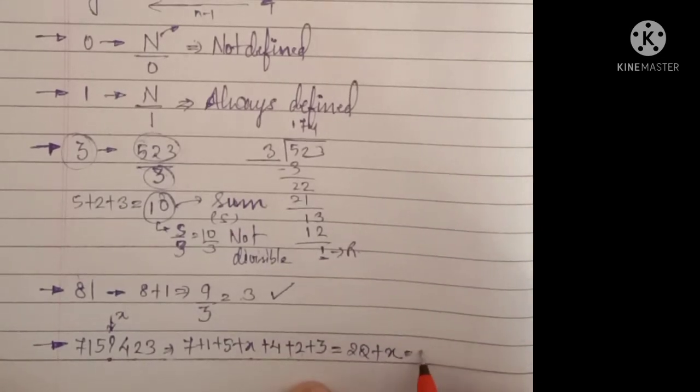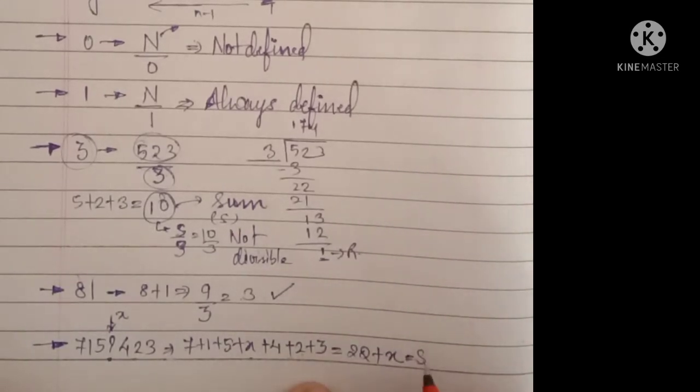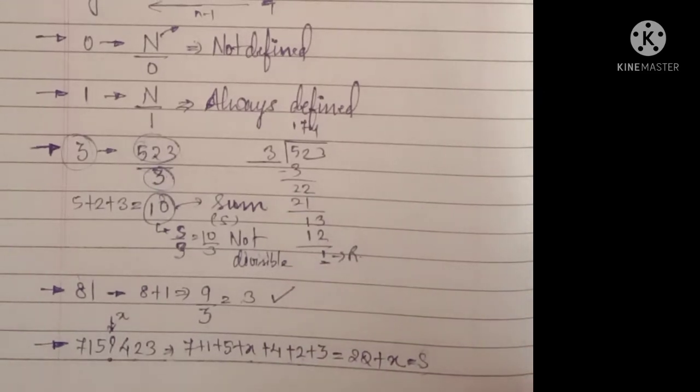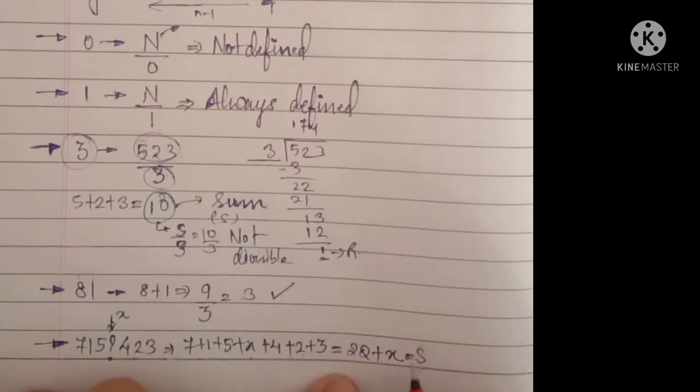So this is our sum, and this sum is divisible by 3.